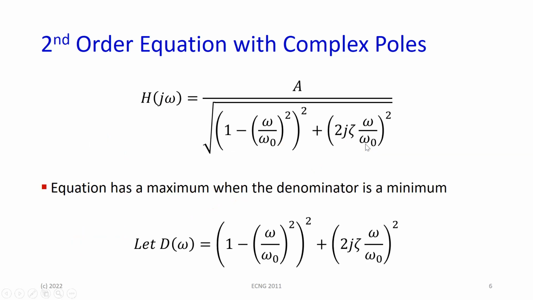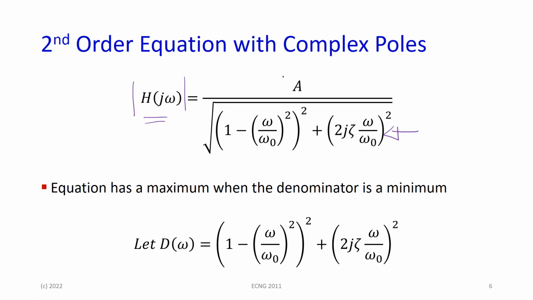Good. So if I give you a function like what I have here, and you could always put back the magnitude sign, the magnitude of H(j omega) is equal to that function there. If I were to ask you, when is that a maximum? H(j omega) is a maximum when this is a minimum. So when the denominator is a minimum, the whole function becomes a maximum.